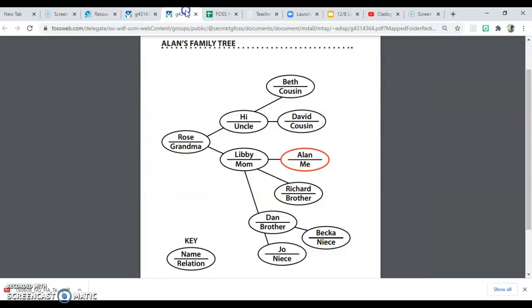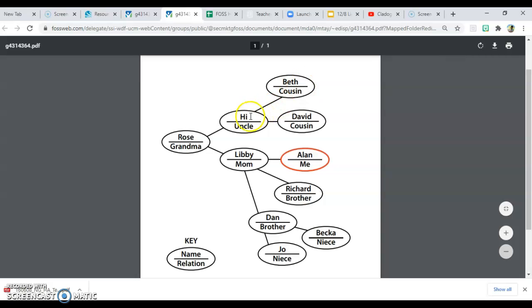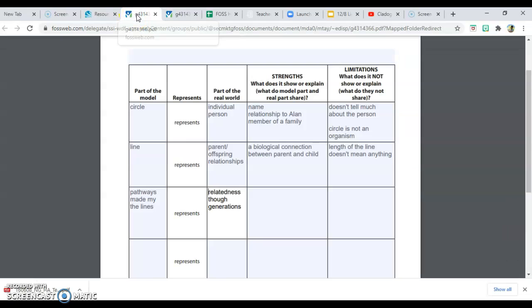Well, I'm talking about the pathways, how it's grandma to the uncle to the cousin, or grandma to the mom to the brother. So how everything relates to each other through the generations, how it's grandma, mom, brother, that is what the pathways of the lines represent.